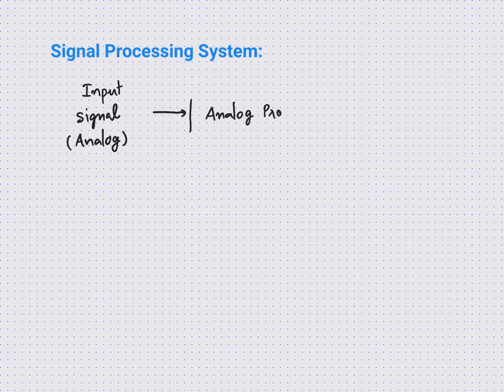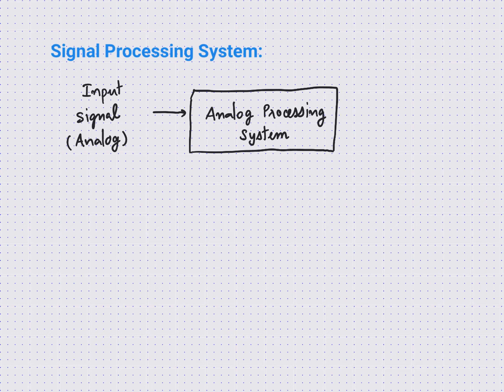The analog processing system consists of some kind of device or circuit that will change the signal from the input to the output. An example of an analog system is an amplifier or a filter made from an op-amp. For example, we could have a low-pass filter or an amplifier. These are called signal processing systems.